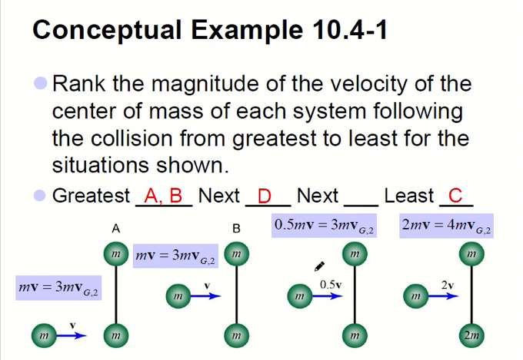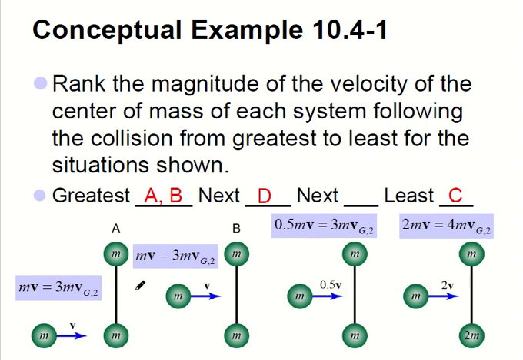The third one starts out with half the velocity and ends up with 3m, v_G. The last one starts out with double the velocity and ends up with 4 times the mass, because this one is 2 now, and then the final velocity.